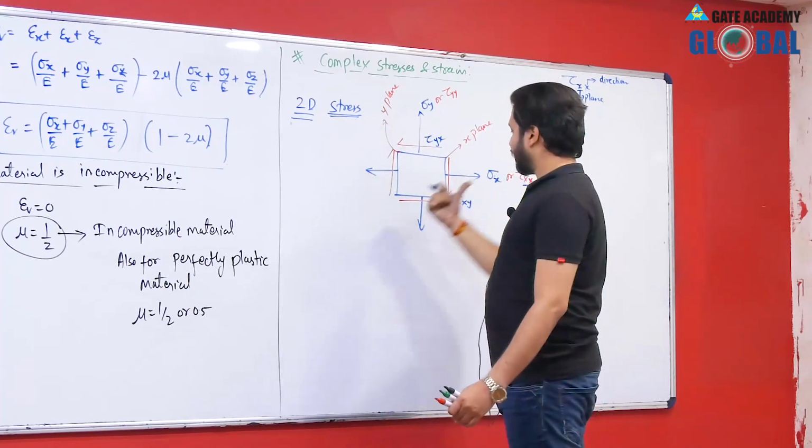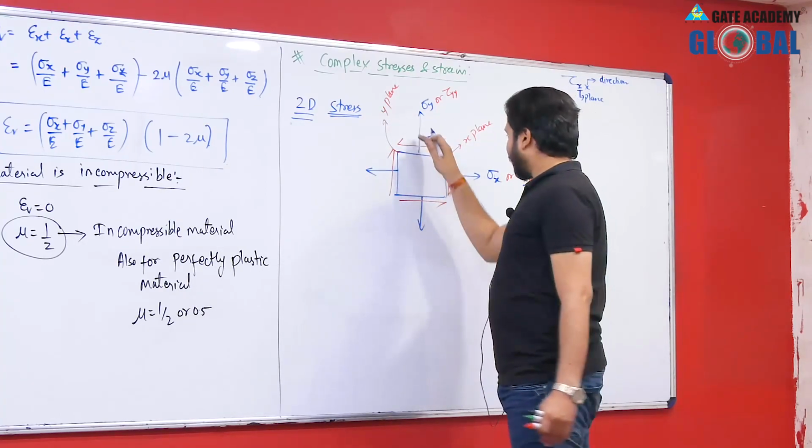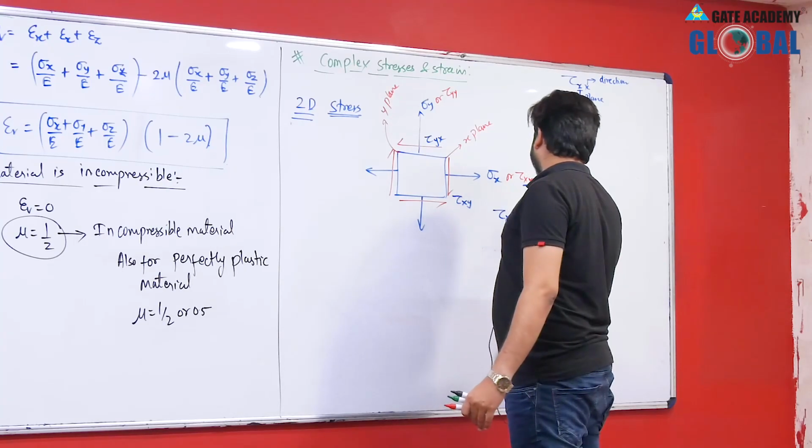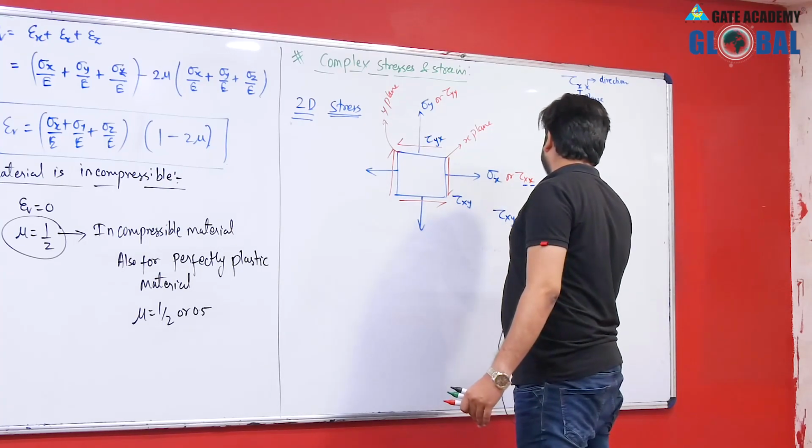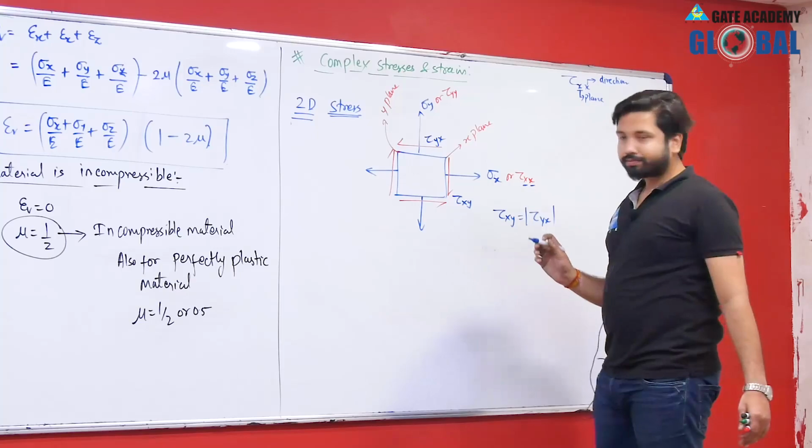This is negative x direction, this is positive x direction. Okay. And these two stresses are equal in magnitude. Okay. Tau xy is equal to mod of tau yx.